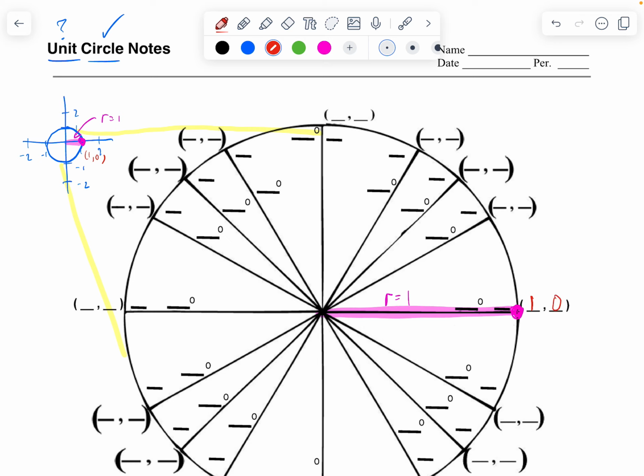All right, awesome. So if we look at the unit circle, there are a few parts. We have these things, and each one of these is a coordinate pair. Then we also have this thing right here, and you can see the symbol.